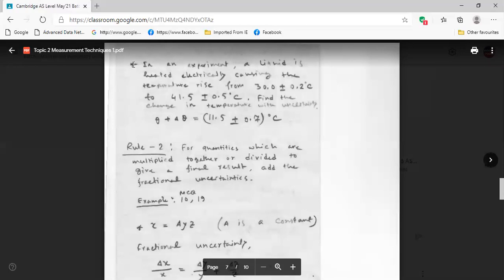Now if you are done, then we are starting rule 2. Are you done with that? No, sir. I'm slow writing, sir. My right hand is injured. Finish writing, then tell me.